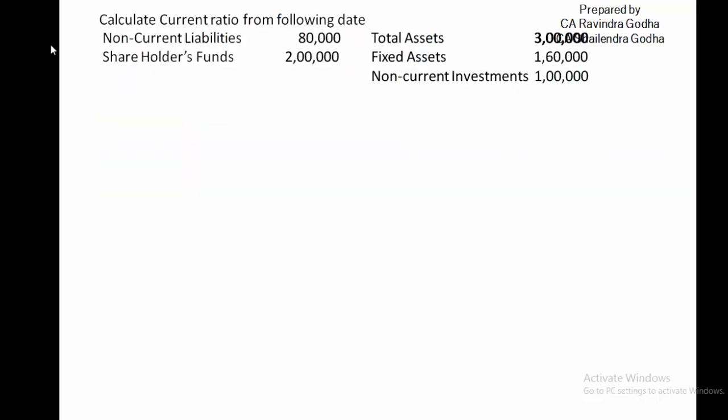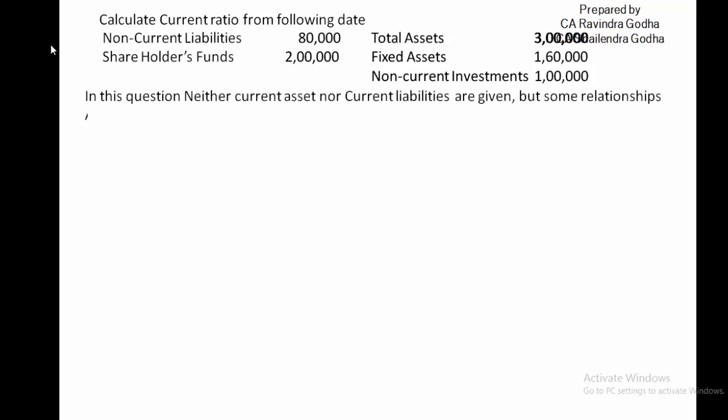Next question, calculate current ratio from following data. In this question, neither current assets nor current liabilities are given, but some relationships are given. So first we have to prepare a memorandum balance sheet to find data.